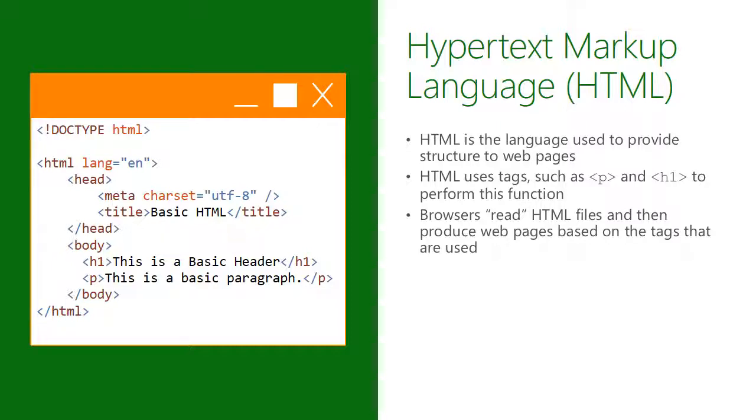This title does not actually appear within the page, but it would appear on the top of the tab or the window that you're looking at. It's only the tags nested inside the body tags which will actually appear on the page itself.